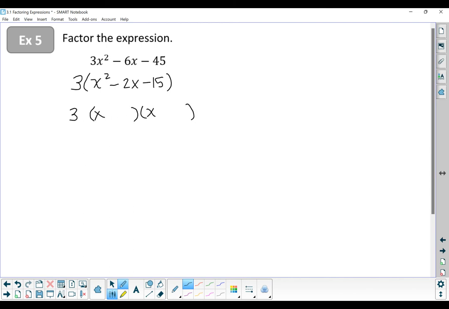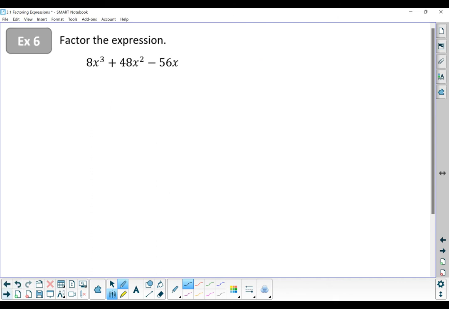They're both going to lead with an x. And now I'm thinking about the number 15. 1 times 15, or 3 times 5. I'm looking for a negative 2, so that's my combo with a negative on the 5. So negative 5, positive 3 in my factors. So 3x squared minus 6x minus 45 is equal to 3 times x minus 5 times x plus 3.